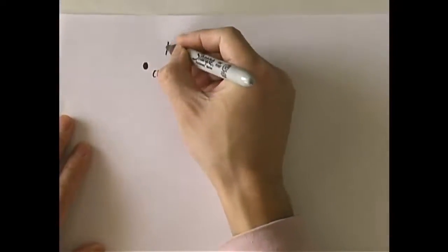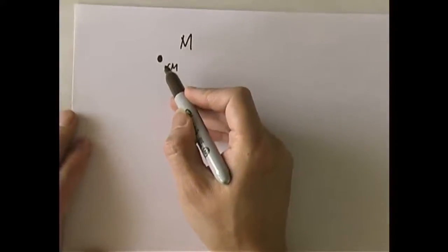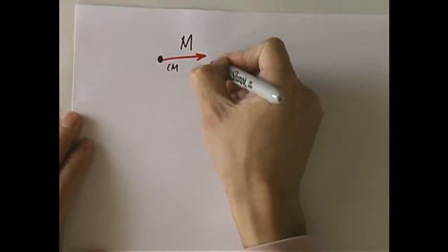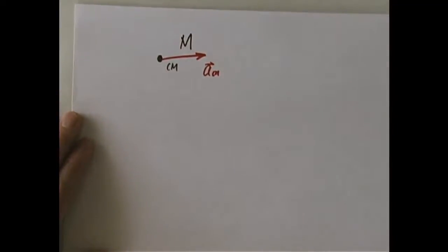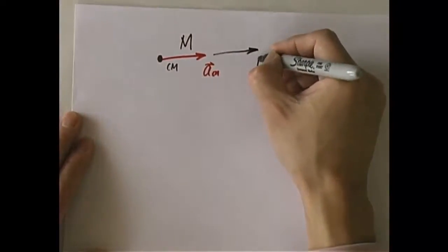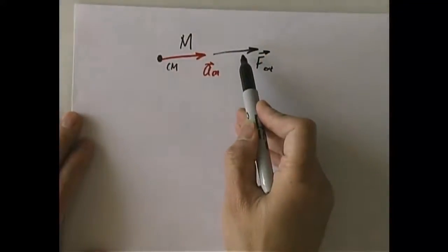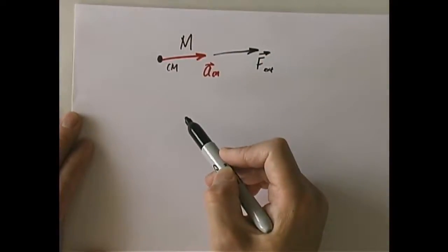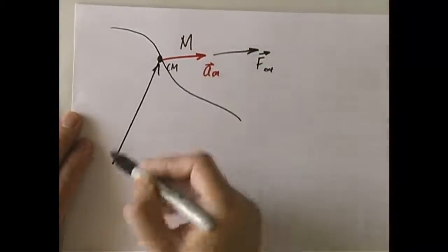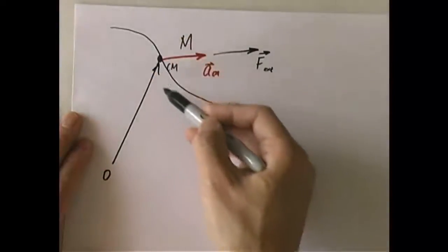It has all the mass of the entire system, and it has an acceleration A cm, which is determined by the net force exerted on that system, F external, for the entire system. F equals m times ACM. So you look at how the center of mass moves from a reference point O. You trace the center of mass movement.